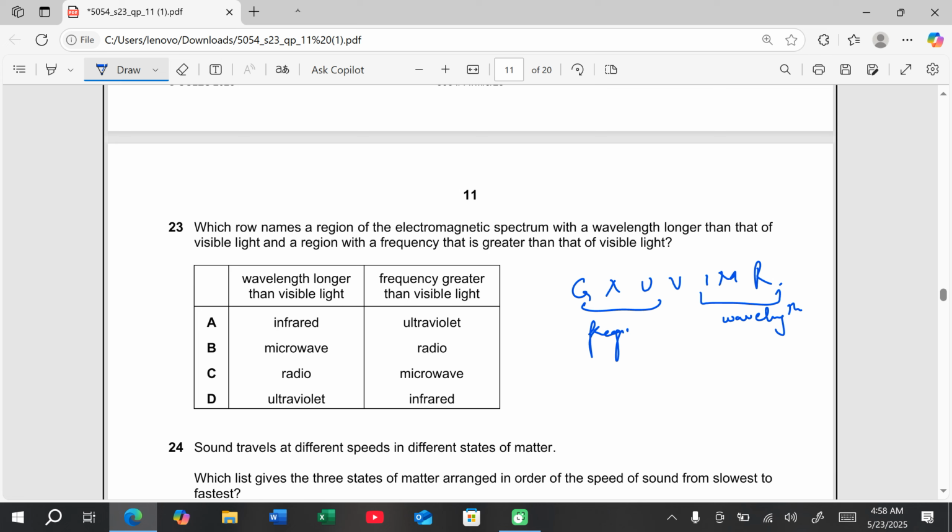So either it's going to be infrared, micro or radio. So it is on the A side, it's either infrared, micro or radio. A, B, C, D is wrong. Frequency, either it's gamma, X-rays or ultraviolet. So it's ultraviolet. Radio wrong, A wrong. So A is the right answer.